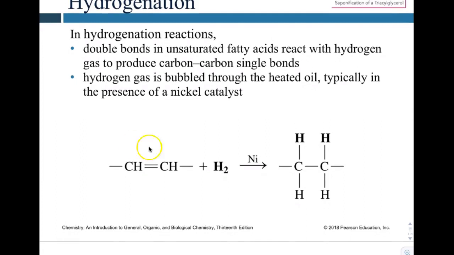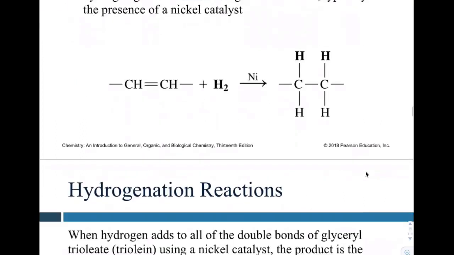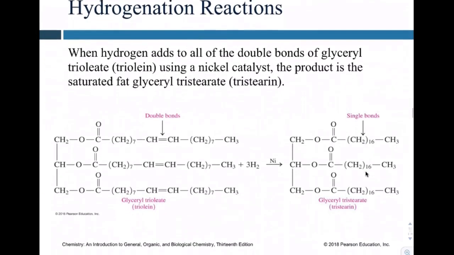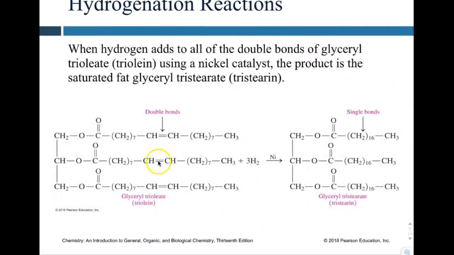And so this is something that should be familiar to you, right? And so we see these double bonds here in our fat turning into single bonds. And so you're going to get a totally different molecule, different thing.